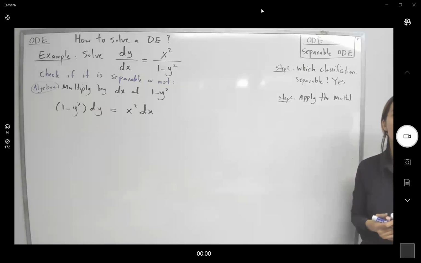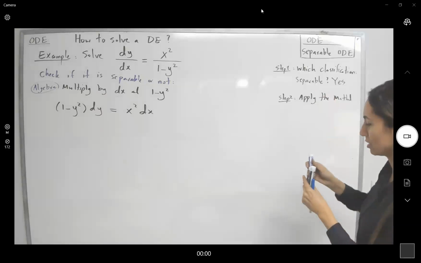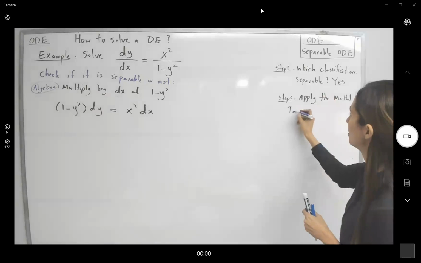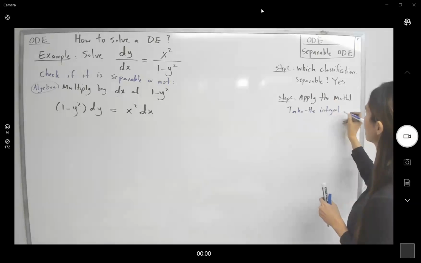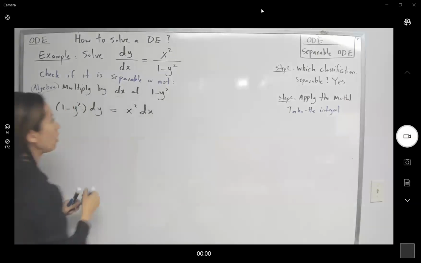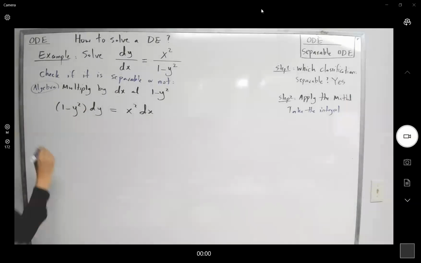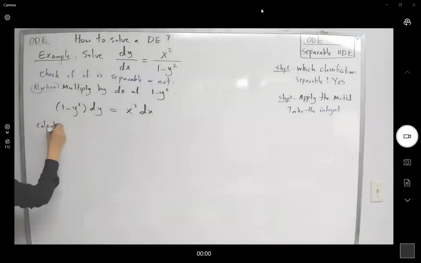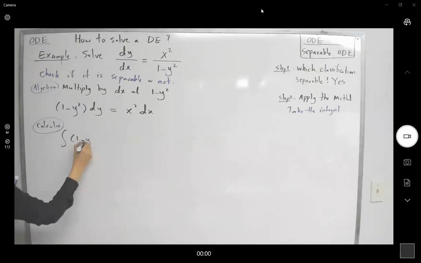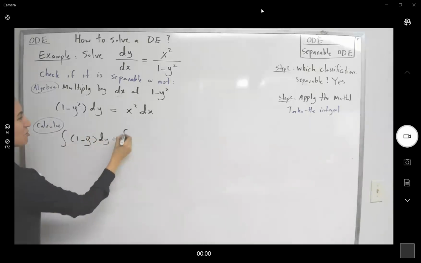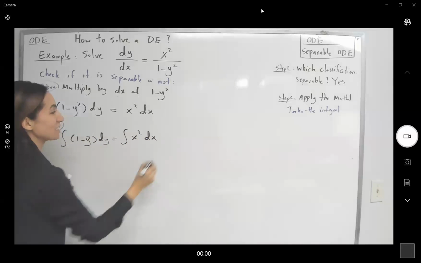What's the method for a separable differential equation? It is to take the integral of both sides. So now calculus says the integral of 1 minus y squared dy is equal to the integral of x squared dx.